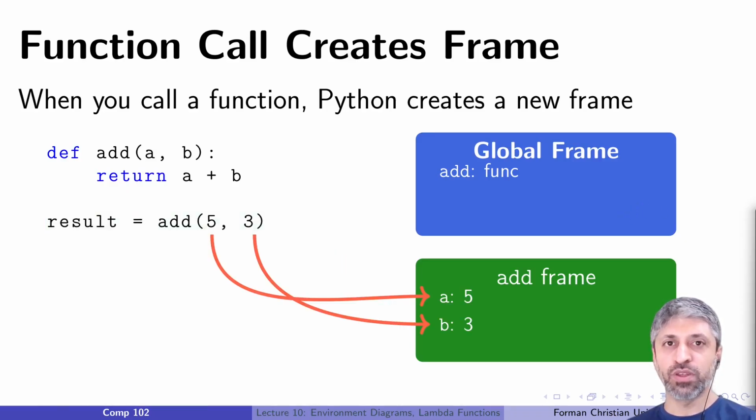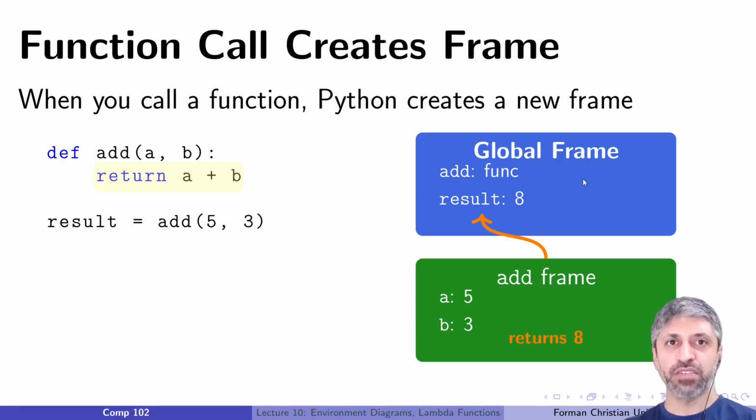Then it runs the body of the function, which is, in this case, return a plus b, as you can see on the screen, which evaluates to 8 because a is bound to 5 and b is bound to 3. So that 8 travels back to the caller, and the result in the global frame gets the value of 8. And the add frame, it's done.